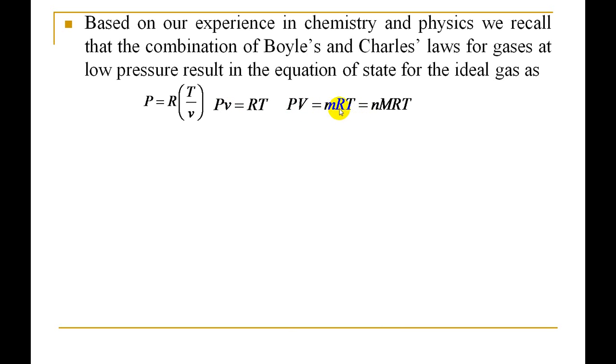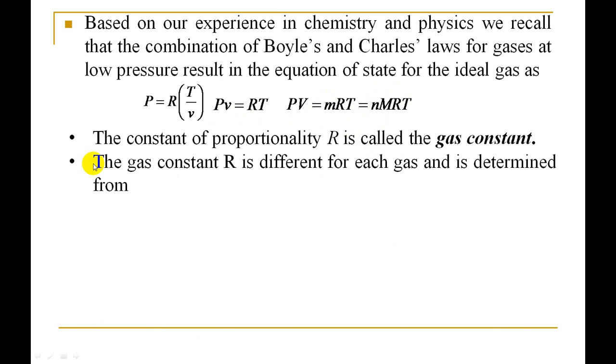Or in another way, instead of mass, we can use mole number and molecular weight. So these two relations give mass. Then again, PV = nMRT.